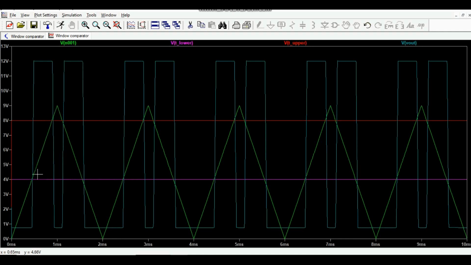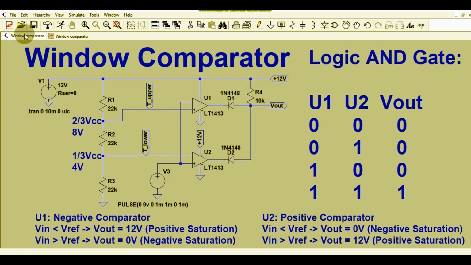You can see this detects a particular window, a particular voltage level, that is why it is called a window comparator, right? So I hope you understand the concept of the window comparator. You now know how the window comparator works.